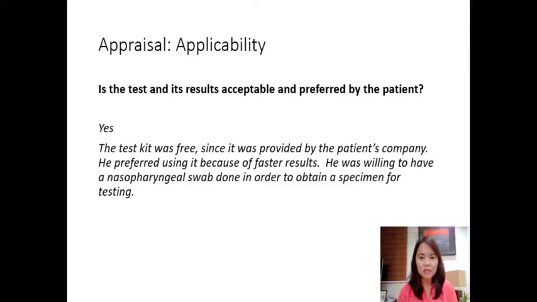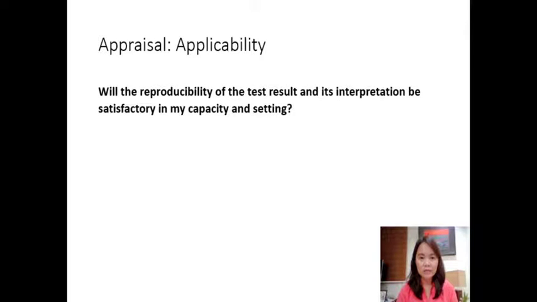So yes, the test kit was free since it was provided by his company. He preferred using it actually because of faster results, and he was willing to have a nasopharyngeal swab done in order to obtain a specimen for testing. Remember, some patients are afraid not just of the results, but the fact of having to do a nasopharyngeal swab. So, in short, this was acceptable to the patient.